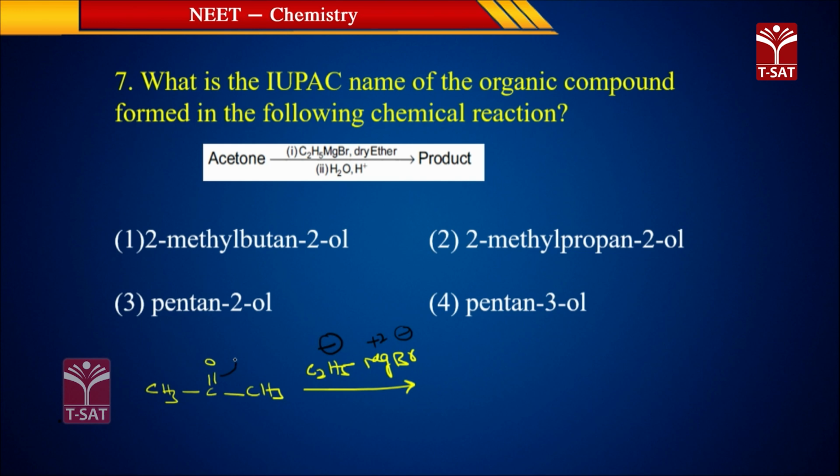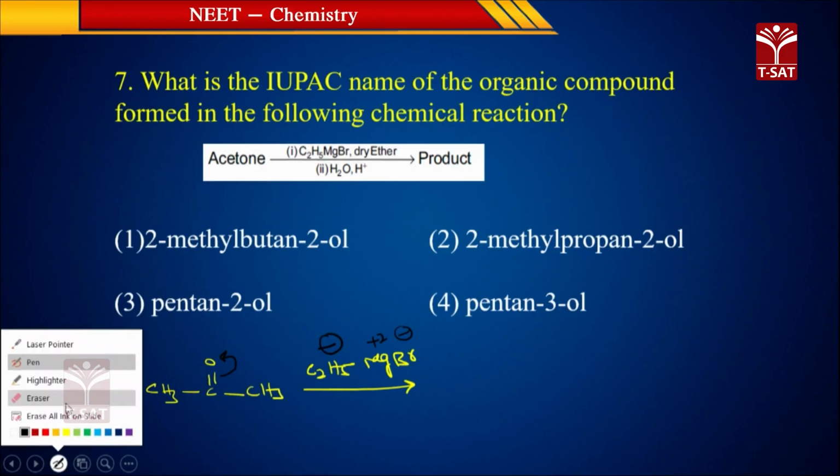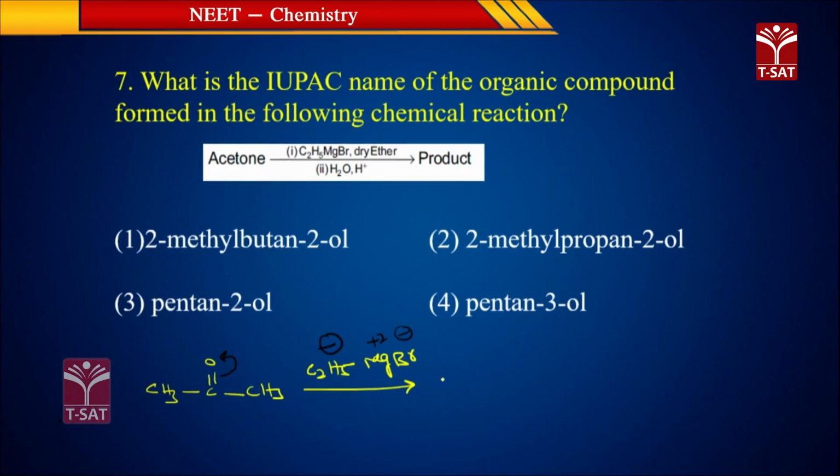So, the bond between carbon and oxygen shifts towards the oxygen side, right? As a result, you are going to get CH3, C plus, O minus, and CH3. Now, on O minus what will be added? MgBr plus will be added. And on C plus, C2H5 minus will be added.